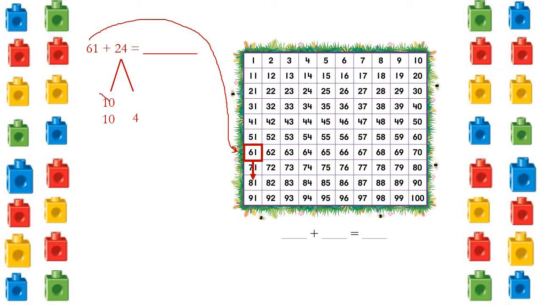So now the tens are finished, but we still have to add 4. So we're going to hop 4 spaces to the right, and there's our answer. 61 plus 24 equals 85. Right.